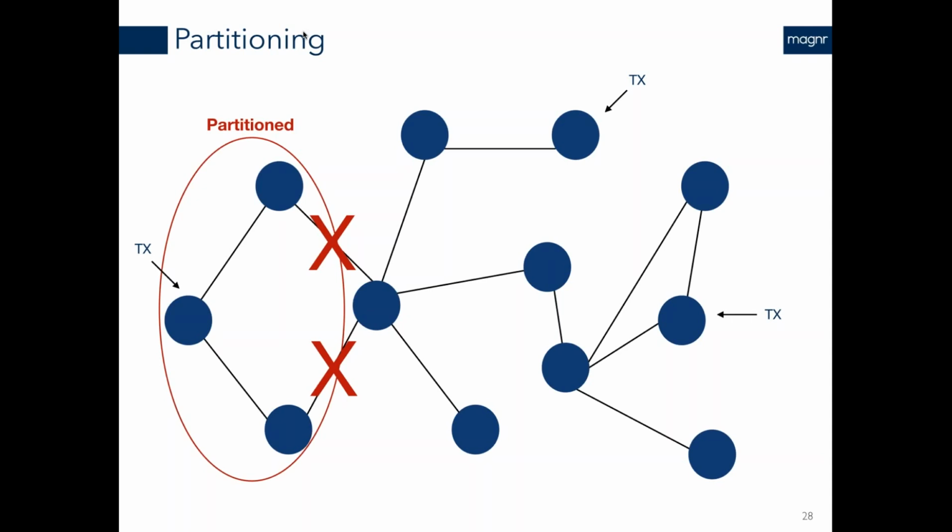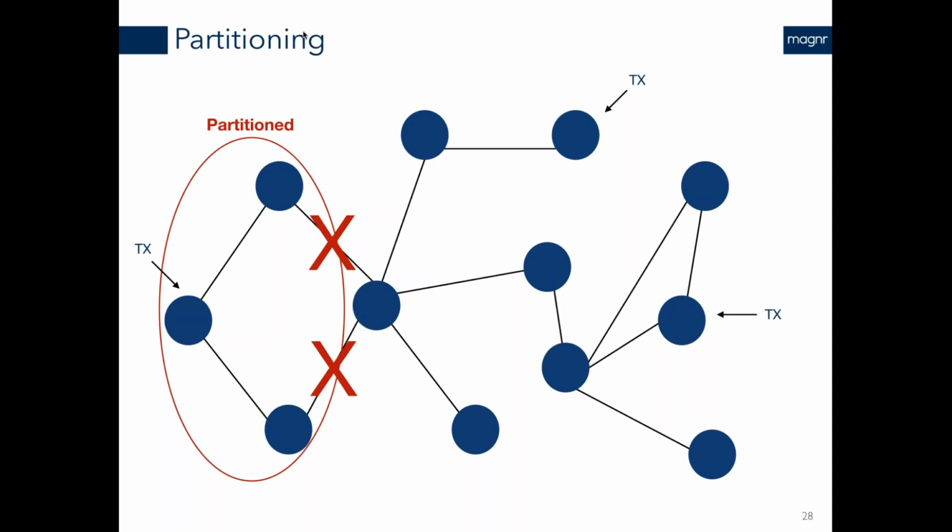Because there is no dependency between nodes for operation, the nodes on the left don't need to communicate with the nodes on the right, so we can continue to operate as we have before. You can submit a transaction to either the partitioned part of the network on the left or the partitioned part on the right. Mining will still occur, blocks will still be counted, and transactions will still be committed into the ecosystem.